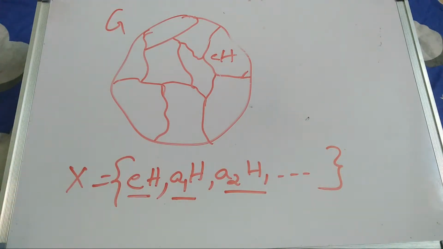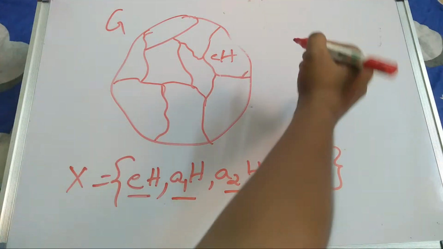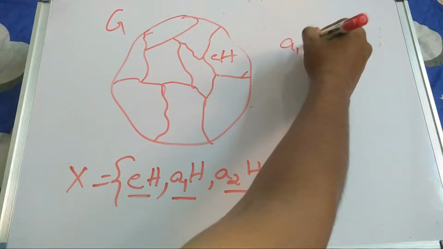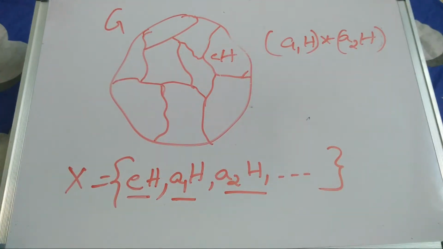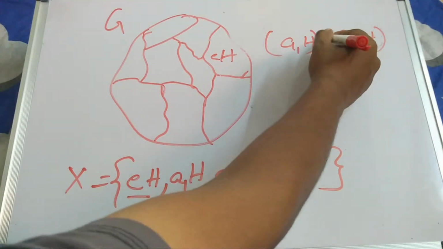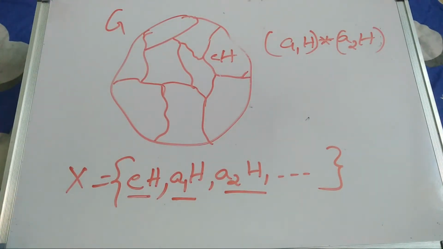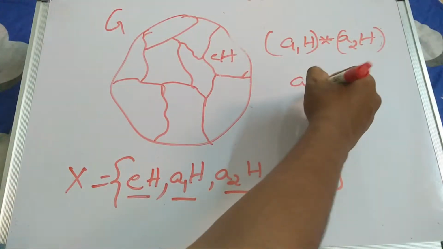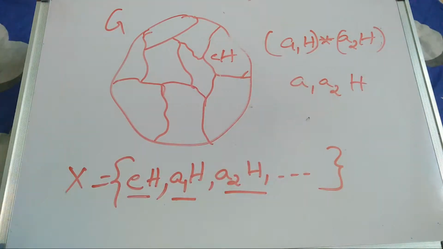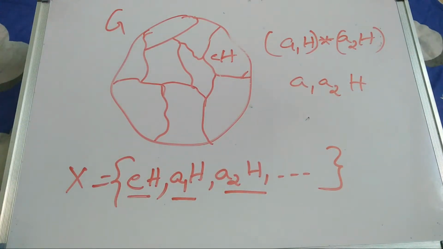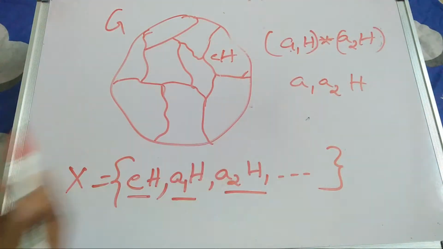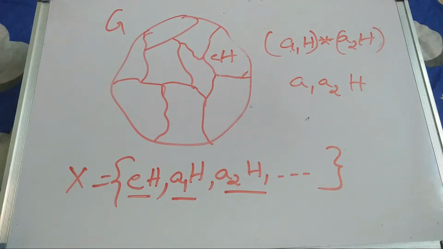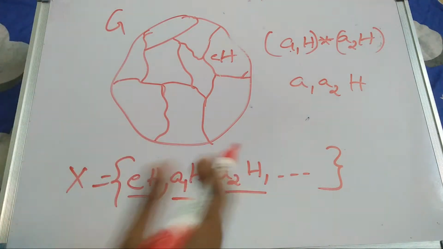Take two elements, say A1H, A2H. We are going to define an operation between these two elements. An obvious operation would be A1A2H, because we know there is an operation between A1 and A2 as they are elements in G. So find the left coset of A1A2.